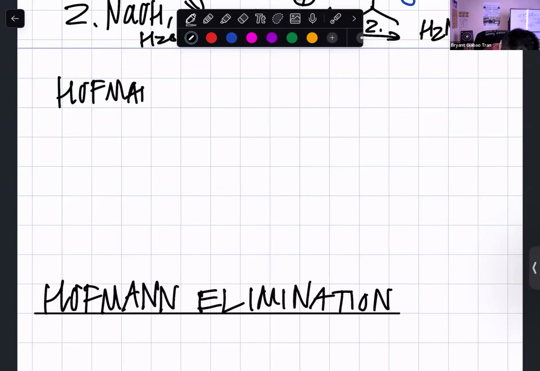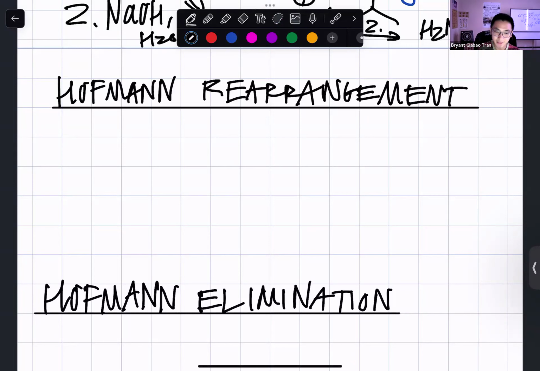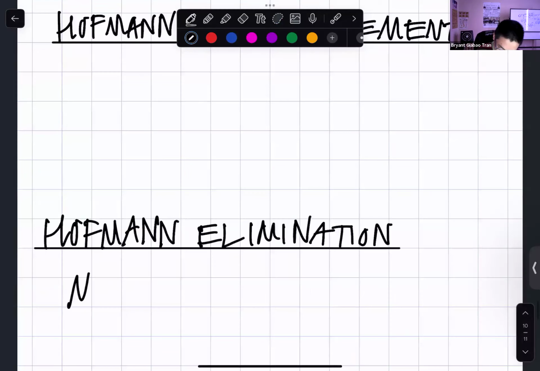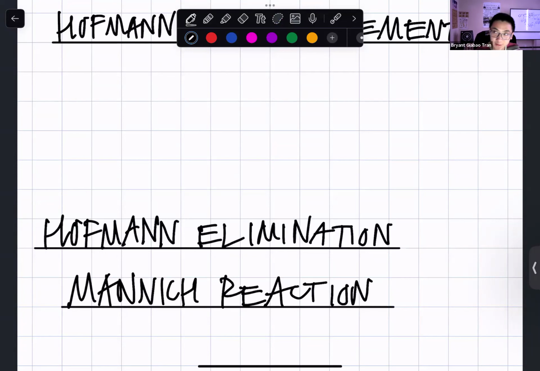Hofmann rearrangement. So just because of time, I plan on completing chapter 21 tomorrow, which is going to talk about the bigger reactions like Hofmann elimination and the Mannich reaction, and show you guys shortcuts on how to predict the product and how to go backwards from synthesis.